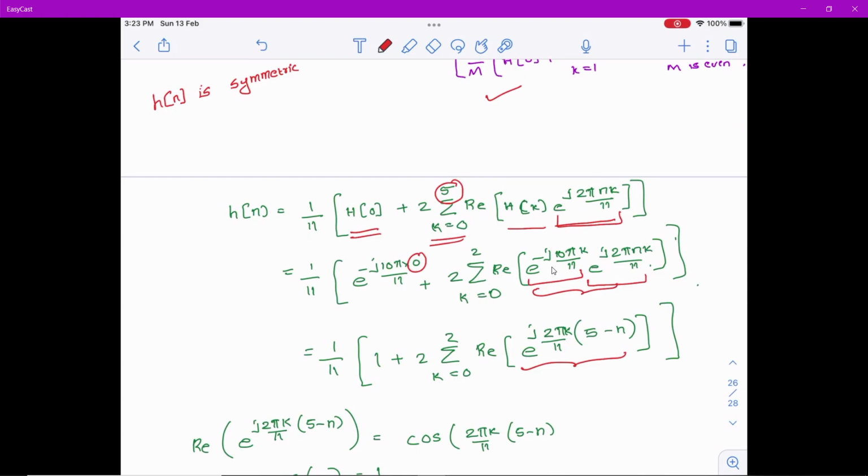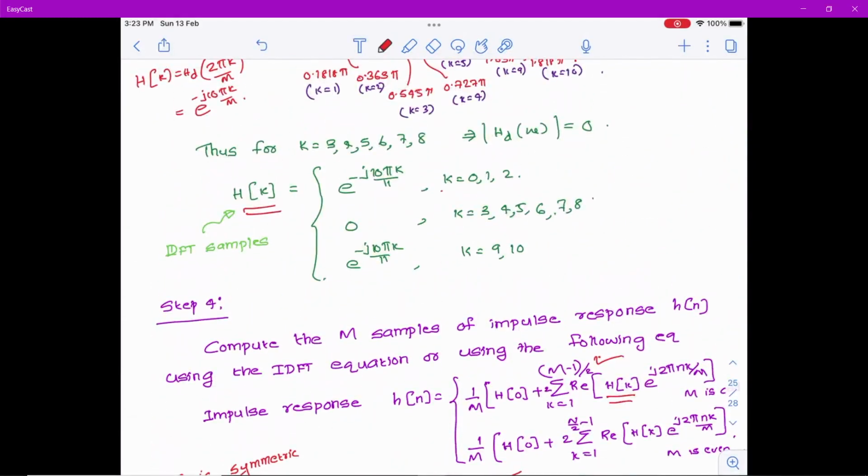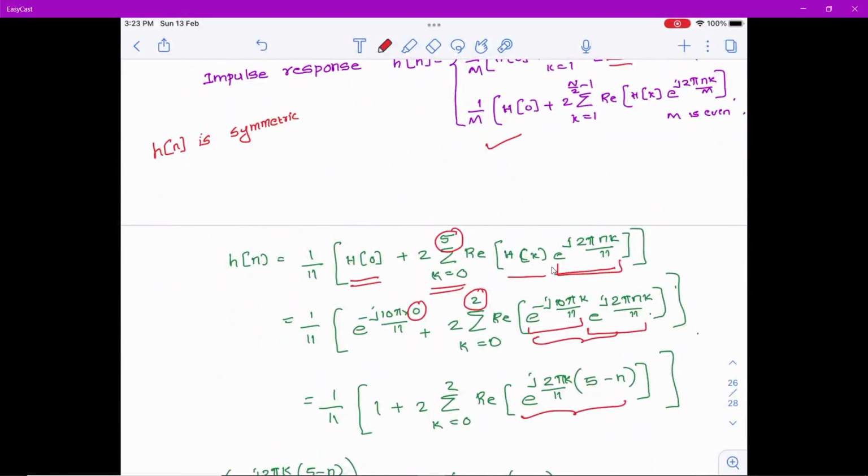And you need to note here that the summation is only till 2. The reason is, if you look at h of k, from k equal to 0, 1, 2, you have the value e raised to minus j 10 pi k by 11. After that, for 3, 4, 5, the value is 0. So you don't want to consider those for addition.